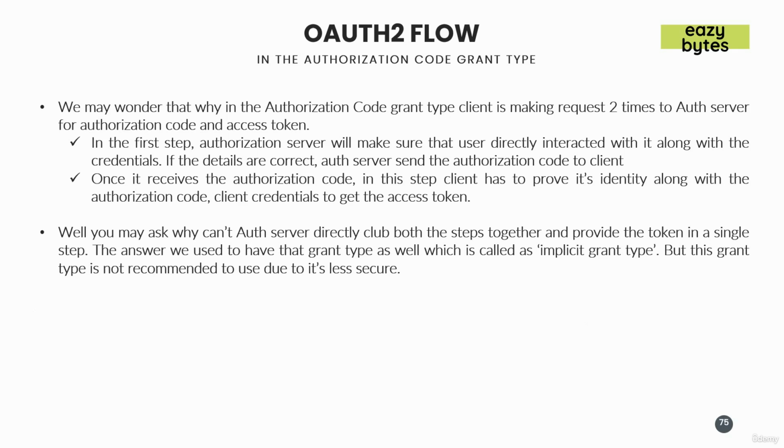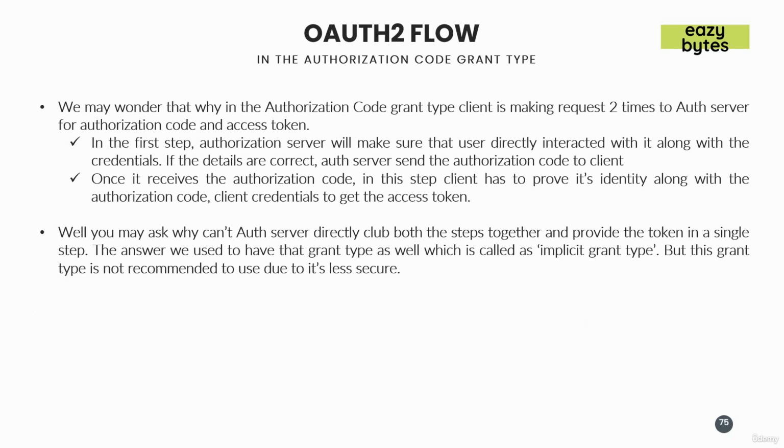If he is a valid resource owner, it will generate an authorization code for the client, and in the next step, the client has to prove its own identity by providing client credentials and the authorization code in order to get the access token. So this way we have 2 levels of security in this flow.